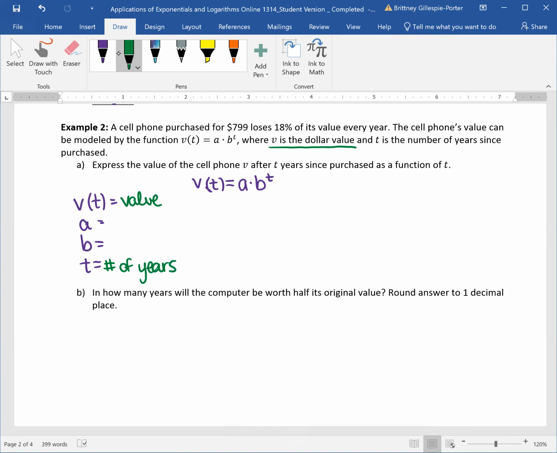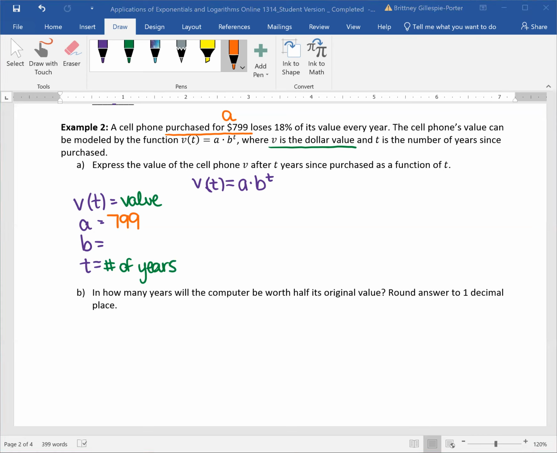When we're looking at the problem, they say that we purchased it for $7.99. Remember, A is our initial value, the principal value or how much we originally paid, which means that A is going to be equal to $7.99. They tell us that the phone loses 18% of its value each year.